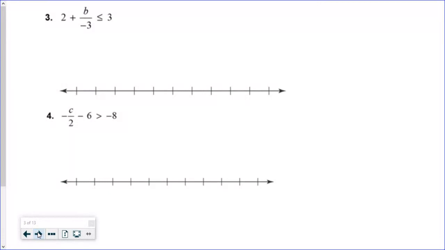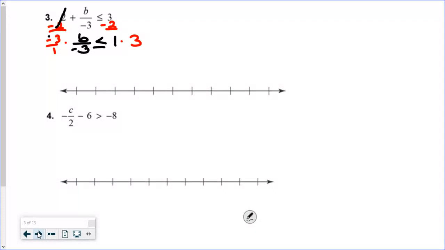Number 3. I'm going to start by minusing 2. Goes away. So we have b divided by negative 3 is less than or equal to 1. Now I'm going to multiply by negative 3 over 1.